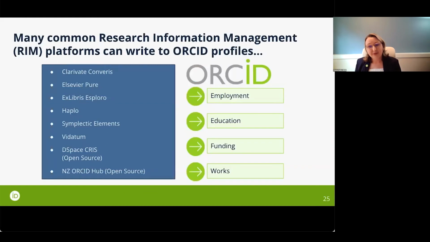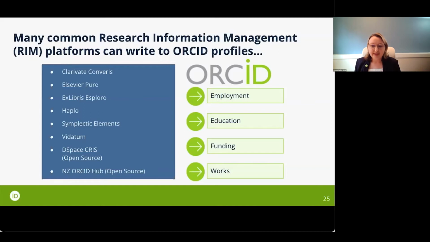Speaking of systems you can use to write the ORCID profiles, universities often have a research information management system. Listed on the left in blue are the RIM systems commonly used by universities, and I thought you might like to know there are a few open source options available as well. These systems can be used by administrators to write data to your researchers' ORCID profiles.